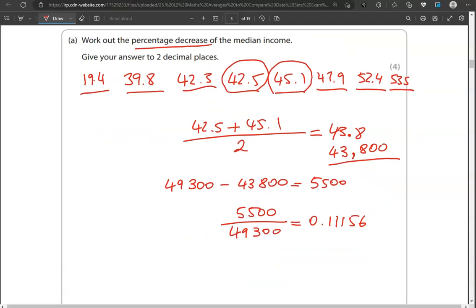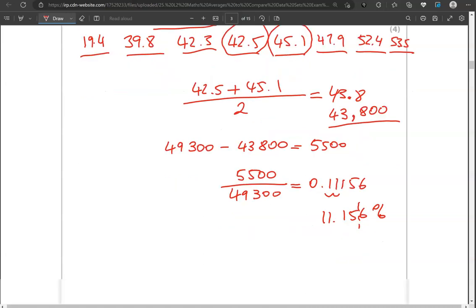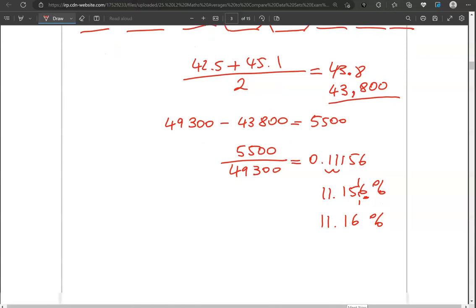Now to get it as a percentage, just move 2 places to the right. So this is 11.156%. We're told to give our answer to 2 decimal places. So this will be the cutoff point. So 11.16%. We have to round up because of the 6 after the 5.